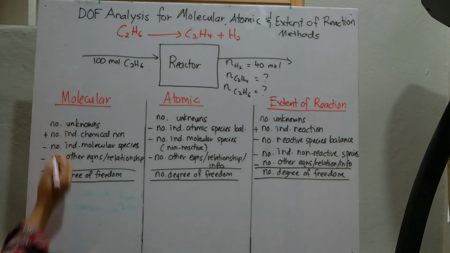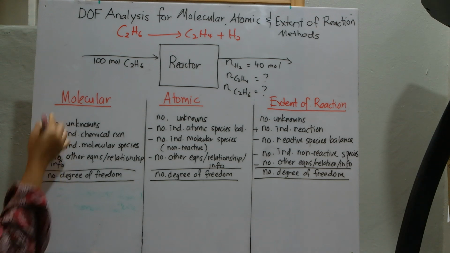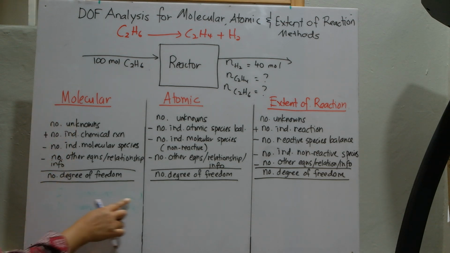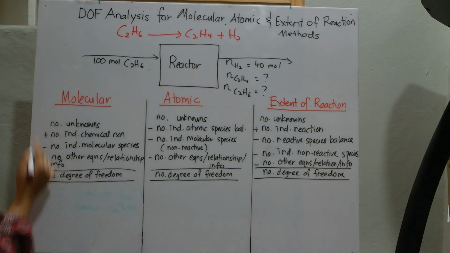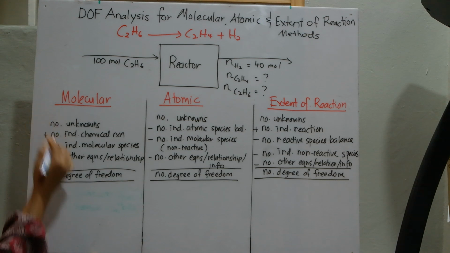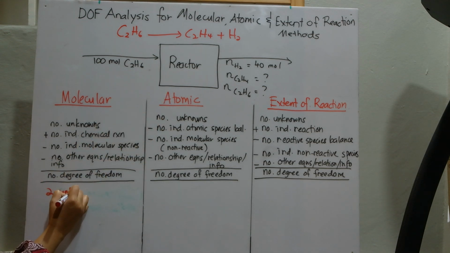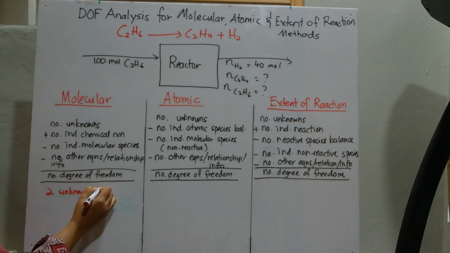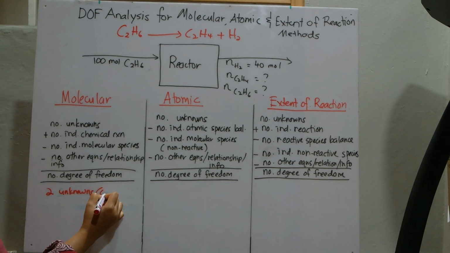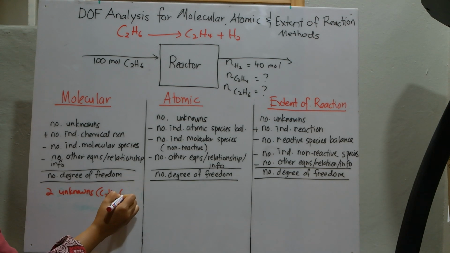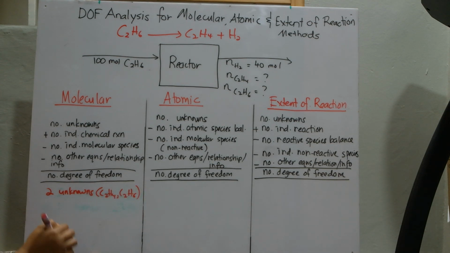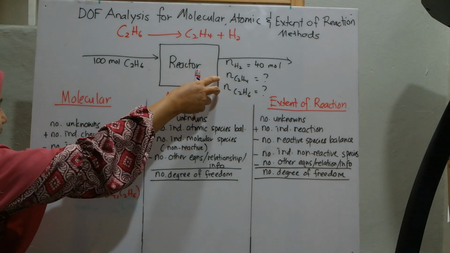Okay, so let's do degree of freedom analysis using the molecular method. Let's say we want to solve this process in terms of molecular species balance. So we have to start with the number of degrees of freedom for molecular first. First, number of unknowns: how many unknowns do we have in this process? We have 2 unknowns, that is C2H4 and C2H6, because we need to find these two.